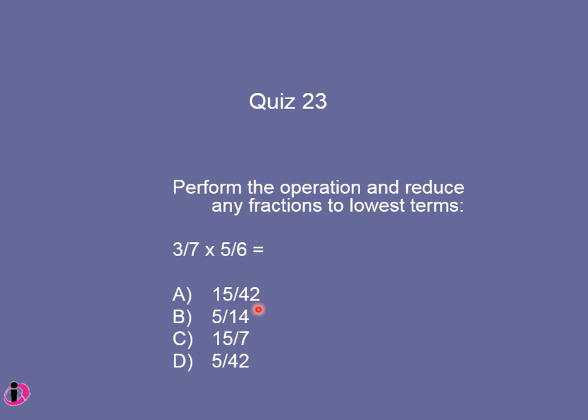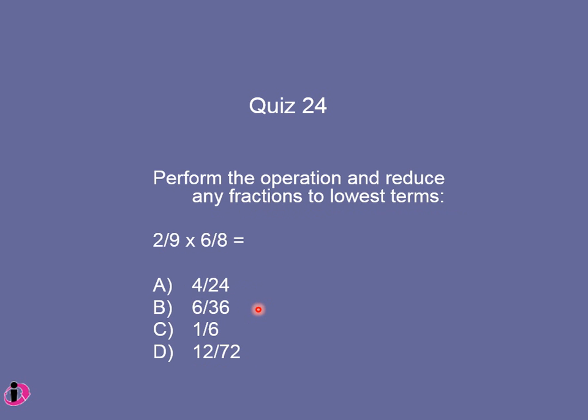You always want to write it with prime factors: 5 times 3 on top, and 7 times 2 times 3 on the bottom. Then you cancel out the 3 and get 5 over 14. So actually A is a good answer, but the best answer is B. So you have to choose B.